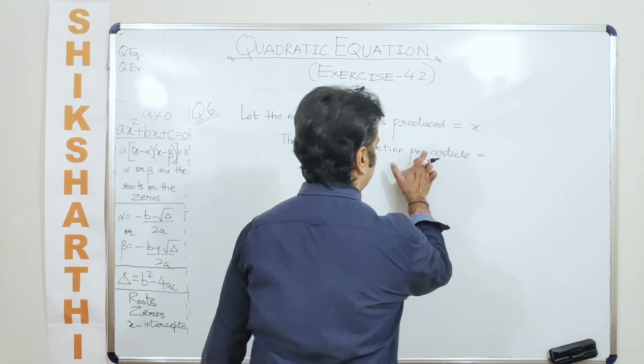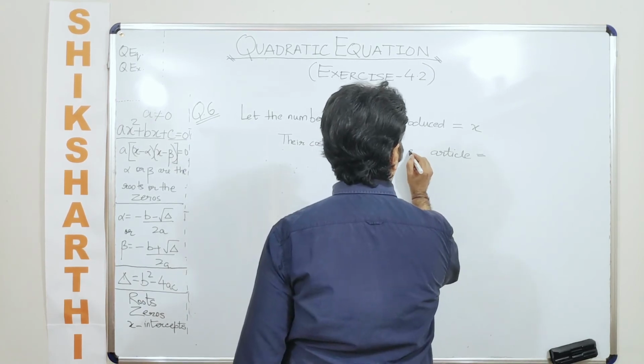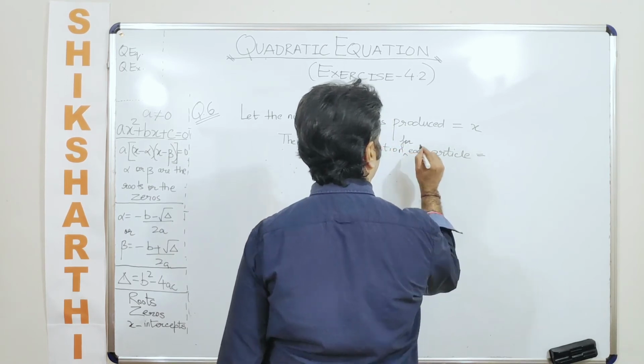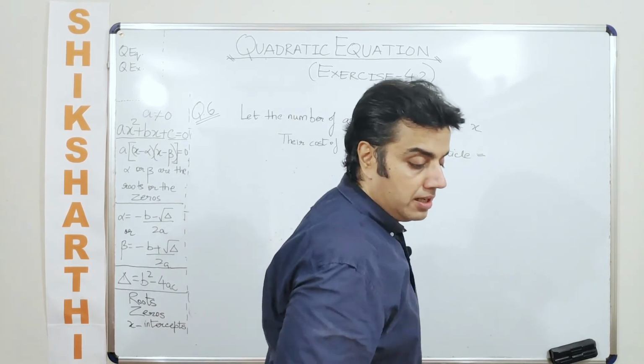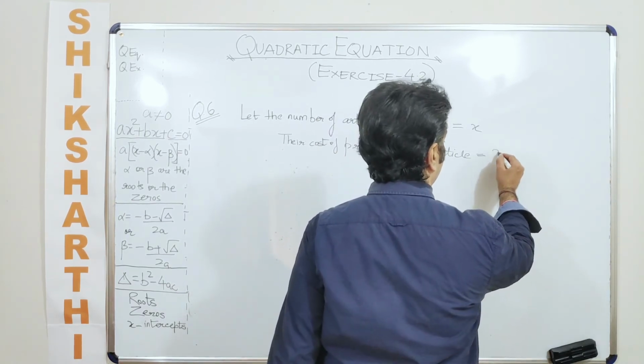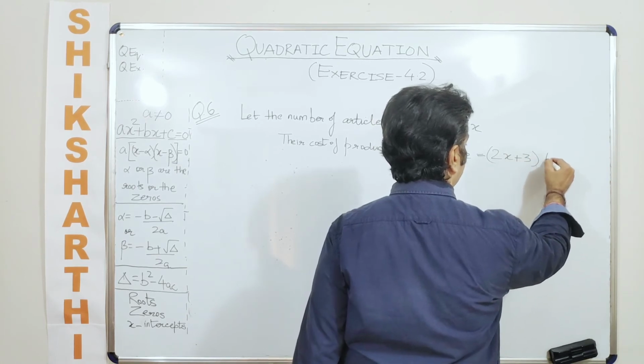So either I say per, or I can say the cost of production for each article was 3 more than twice the number of articles produced on that day, and the cost is always in rupees as given.